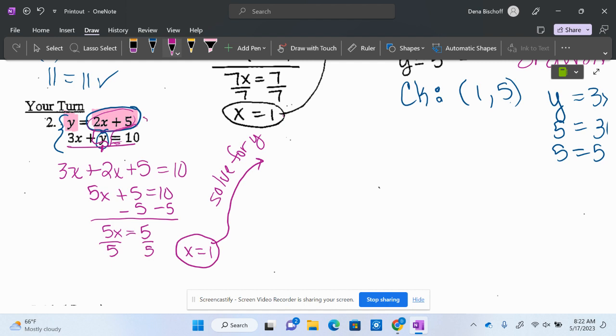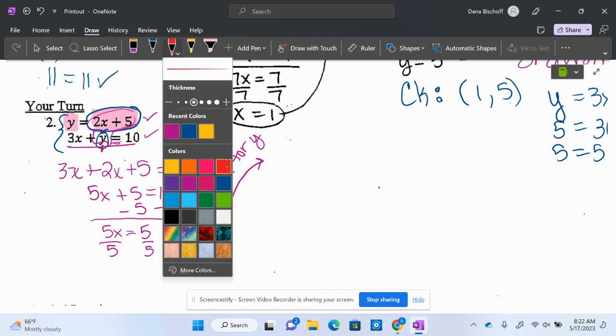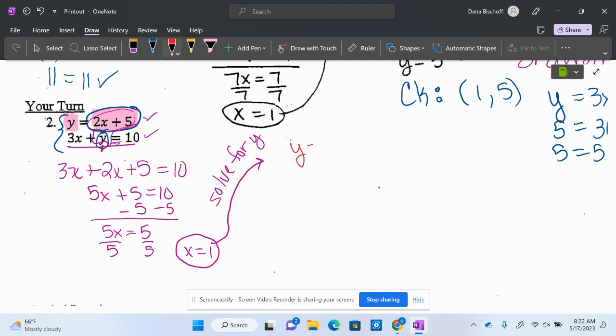So do you want to put it into the first equation or the second equation? I would put it into the first, yeah, because once we manipulate it, we get y equals something. So let's put it into the first equation, which is y equals 2x plus 5. Okay, so I'm taking the value of 1. I'm replacing x with the number 1.